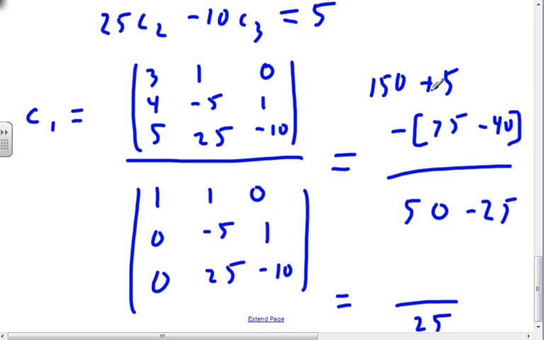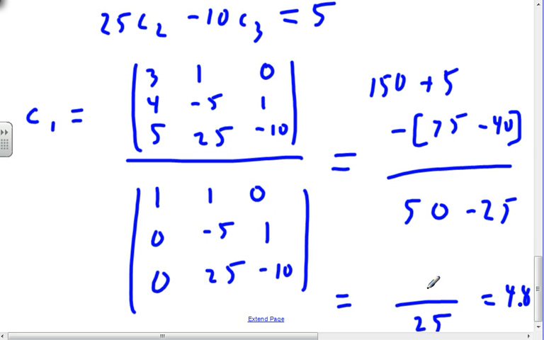So I got 150 minus 35, I have 155 minus 35, 120 divided by 25, 4.8. So C1 is going to be 4.8.